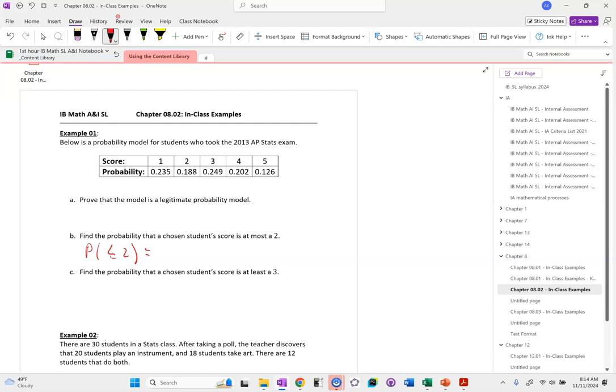Yeah, right. You can't score a 1 and also score a 2 on the same test. So it's just going to be the probability of 1 plus the probability of 2, which is 0.423.